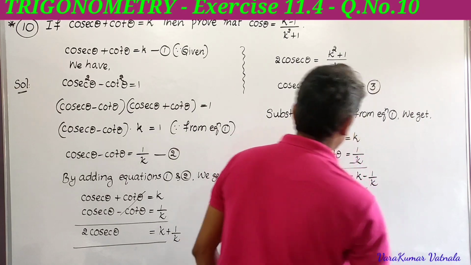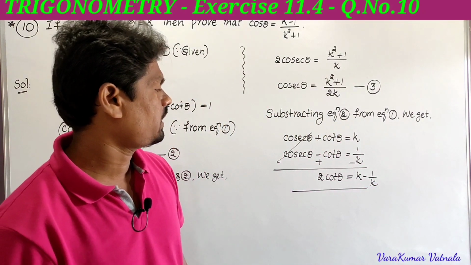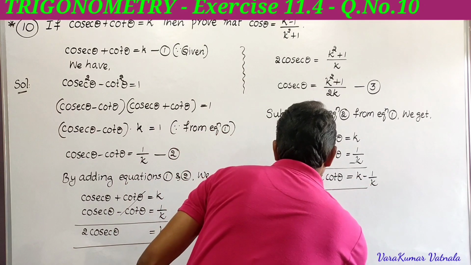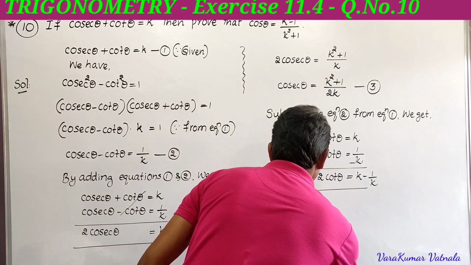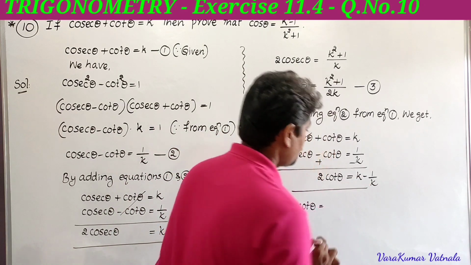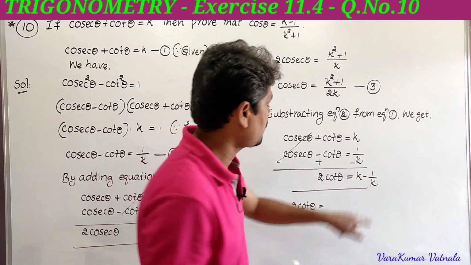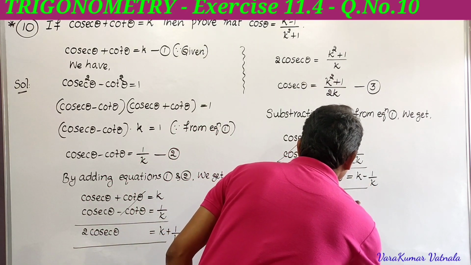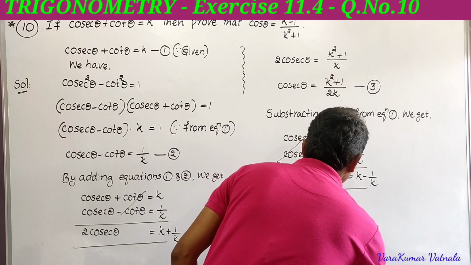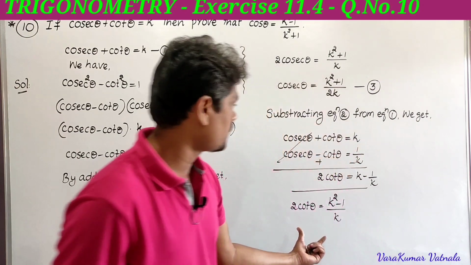So 2 into cot theta equal to what? K minus 1 by k. Just find LCM, we get 2 cot theta is equal to, by LCM, k into k, k square minus 1 by k. This is the value of 2 cot theta.